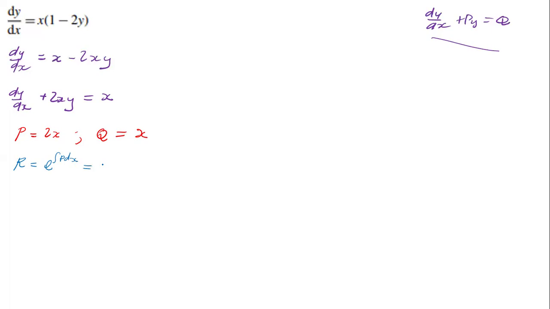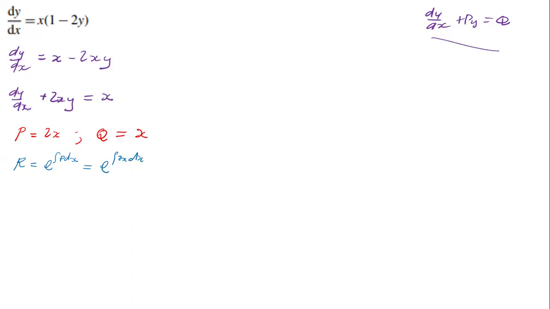Now let us substitute: p in this case is 2x, so e to the integral of 2x dx, right? If our independent variable was t, we would write p dt. So we just write p dx because our independent variable is x.